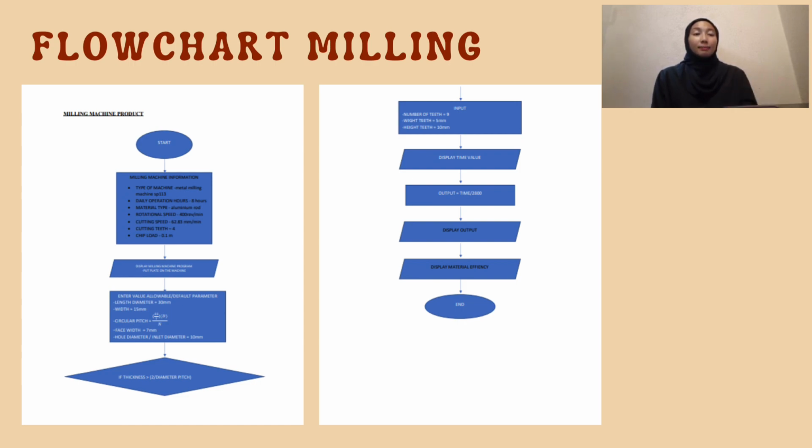Next, display the milling machine project. Put the plate on the machine, and then enter the value below and define the parameters. After that, if the thickness is less than the formula diameters, we have to put the input: the number of the teeth and the height of the teeth.